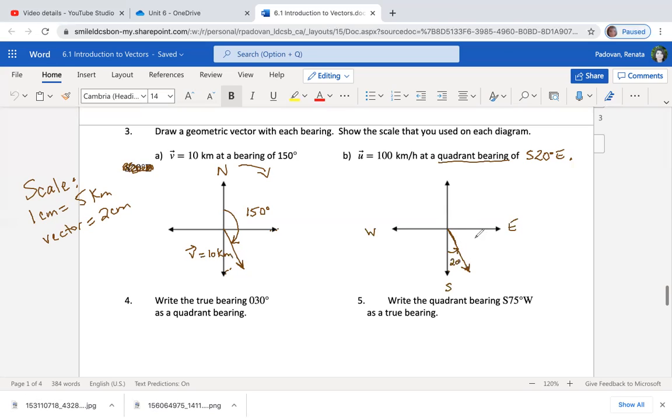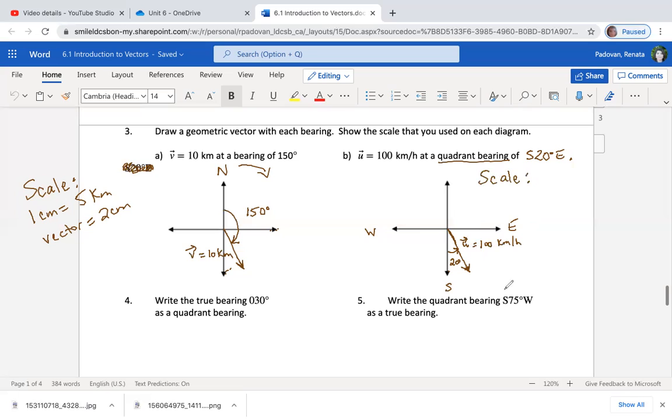And then I also need to say that vector U for the length is 100 kilometers per hour. Vector U is 100 kilometers per hour. What am I missing? I know it's quadrant bearing. I've got my vector length. I've got my degrees, my direction, but I have to have a scale, right?